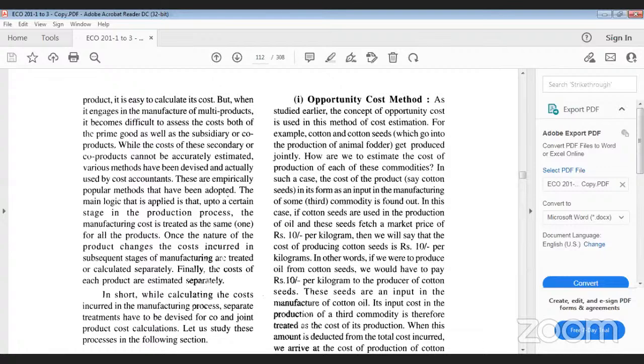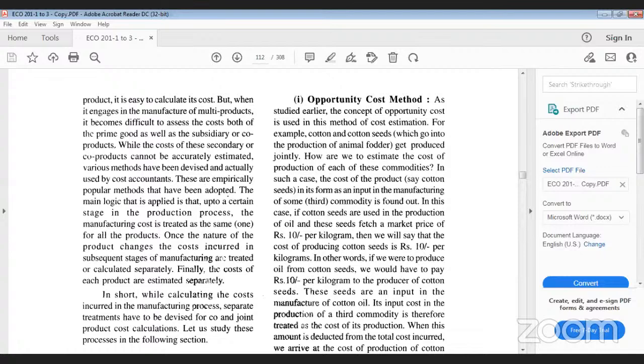Opportunity cost method. As studied earlier, the concept of opportunity cost is used in these methods of cost estimation. For example, cotton and cotton seeds go into the production of cotton oil and are later produced jointly.